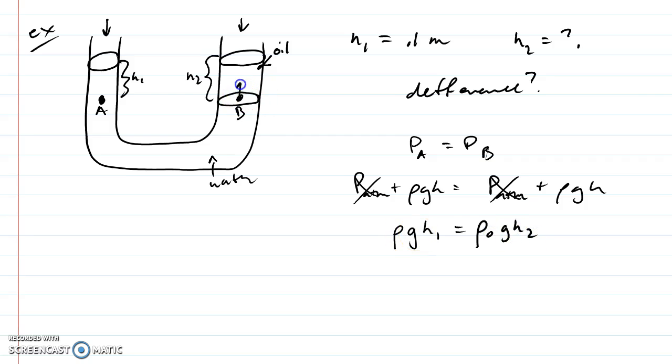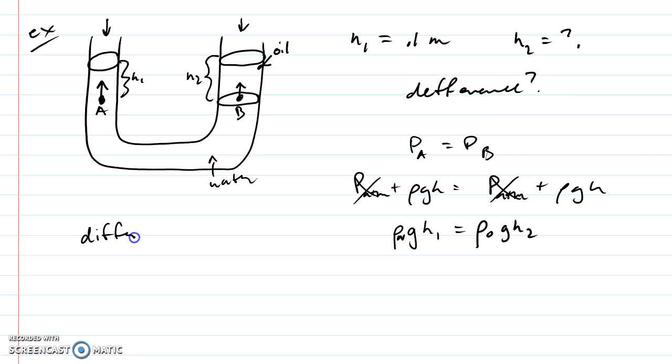Because from point B upward we have only oil, and over here this should be the rho of the water, so I'm going to put rho of water right there. So we're comparing the height of water and the height of oil here only. Now, if we want to find the difference, I'll write this over here.